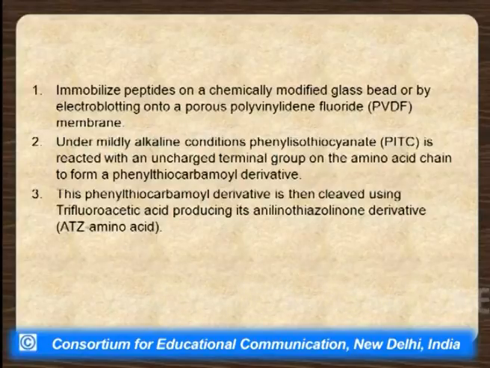These days we use trifluoroacetic acid, which will yield an anilinothiazolone derivative, and this ATZ amino acid has to be eluted and chromatography performed, and then it is analyzed at the stage of chromatography.